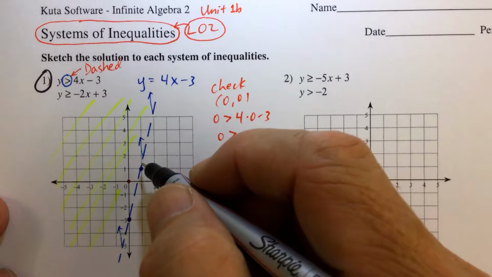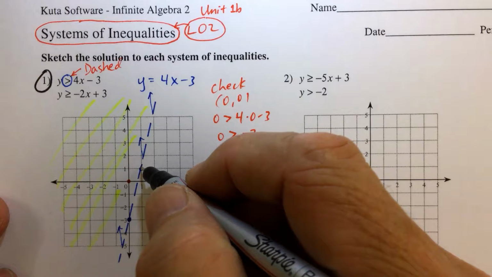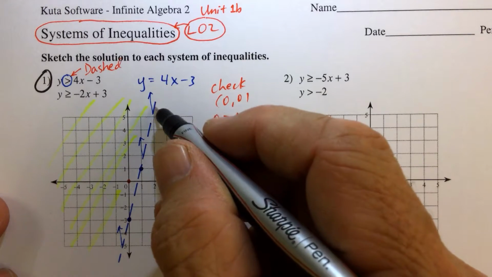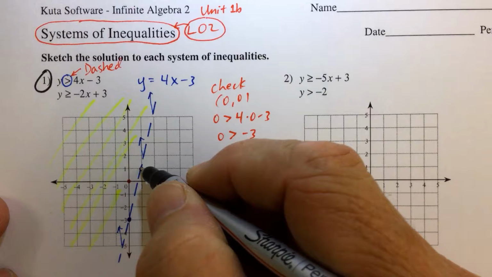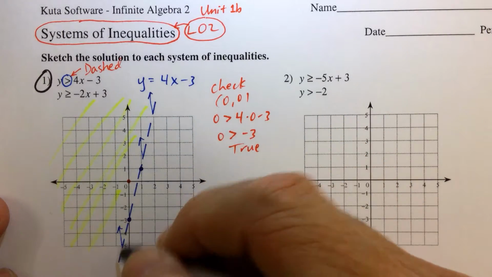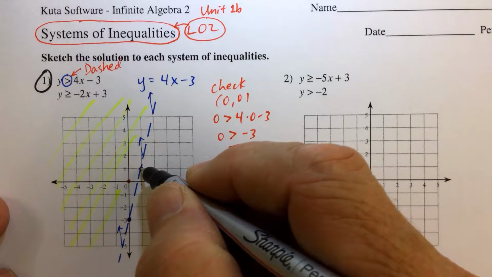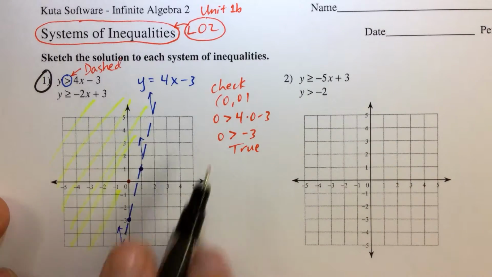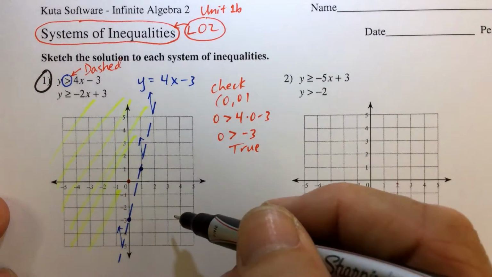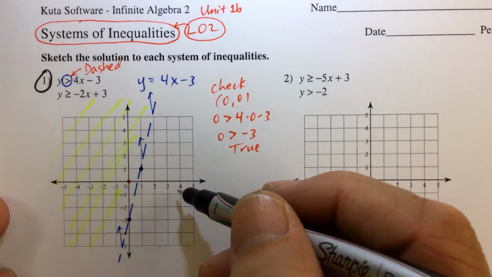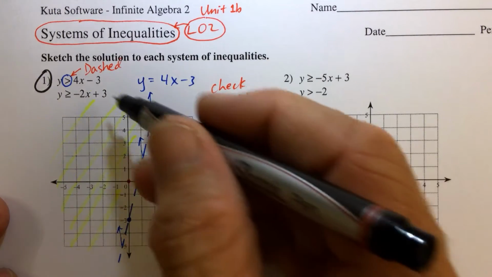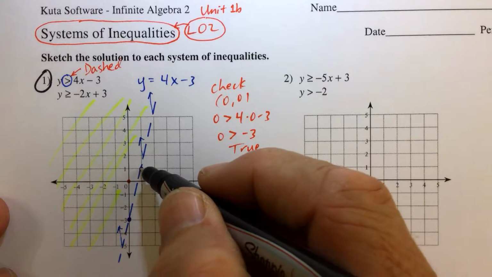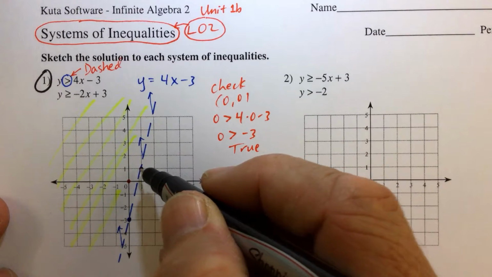Now, we could also try an ordered pair that's actually on the line, on the border of the region, I should say. The line that we drew dashed shows that that's the border. So anything that's not shaded, anything to the right and under the line, is not shaded. So those ordered pairs would make the inequality false. But we're first going to try this ordered pair right here, 1, 1.